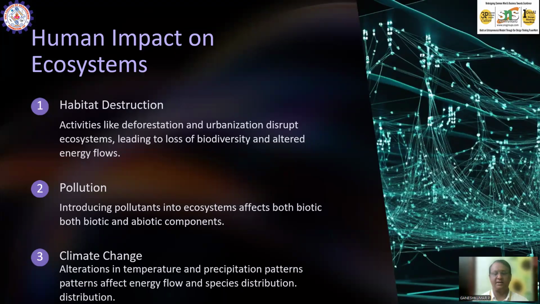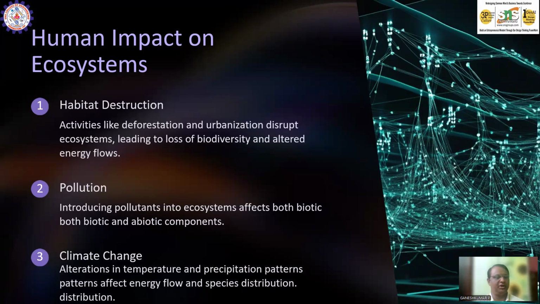So what is the human impact? The human impact on ecosystems. There are three impacts we can classify: habitat destruction, pollution, and climate change. Habitat destruction is one aspect, because through deforestation and urbanization we disturb the ecosystem, we clear forests and lands, which loses biodiversity and alters the energy flow.